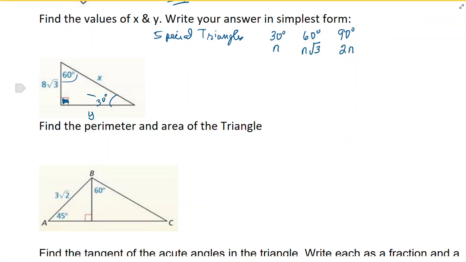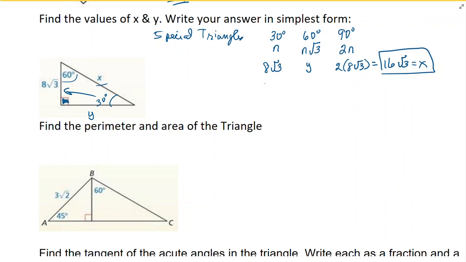Well, we're given the opposite of 30, so n is 8 square roots of 3. Okay, so then we would make the 60 side the y. Oh, well, let's do the x. X is the hypotenuse, so it would be twice the 8 square roots of 3, which makes it 16 square roots of 3. So this is my x. Now we need the y, and the y is here.